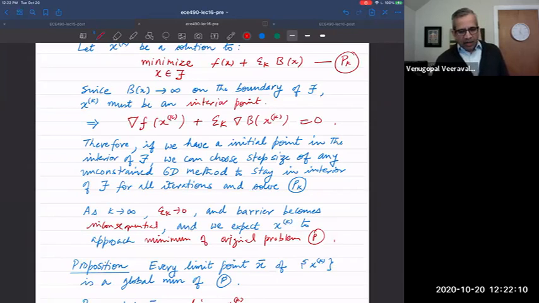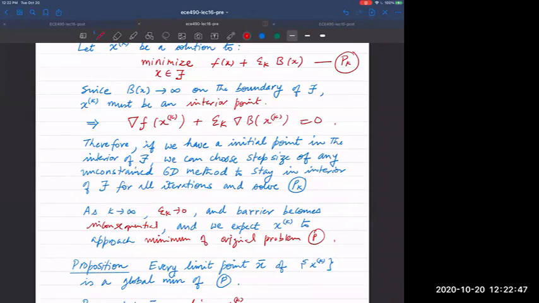But then you can also choose your epsilon small enough. If you're already in the interior, you can choose the step size small enough such that you don't go outside the interior. Since these functions are all continuous, you will remain in the interior. So that's exactly what you're going to do in computer assignment 2.